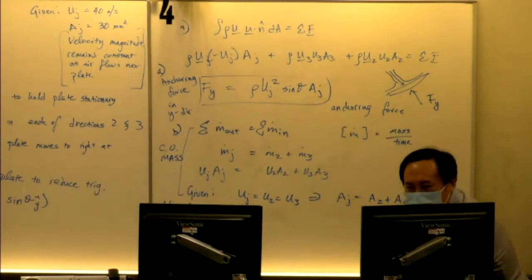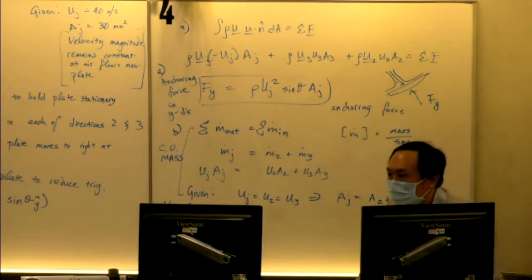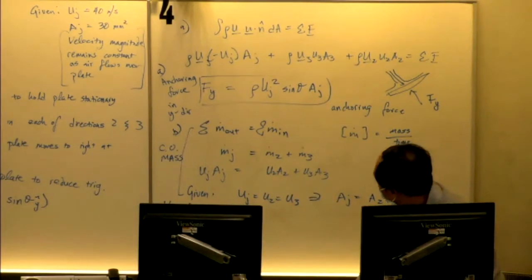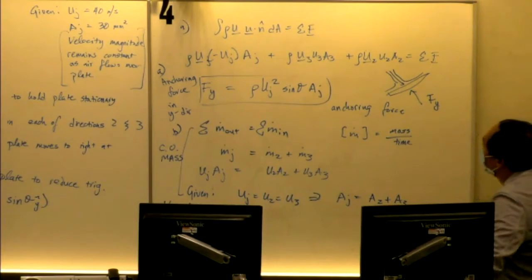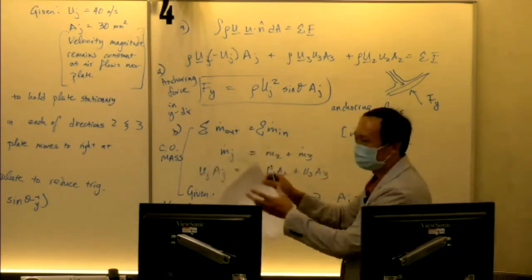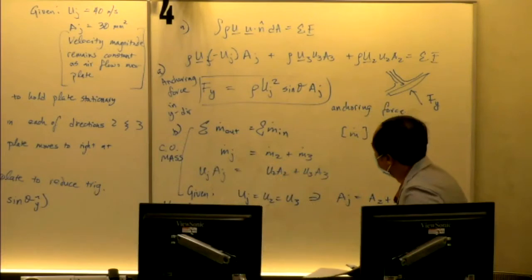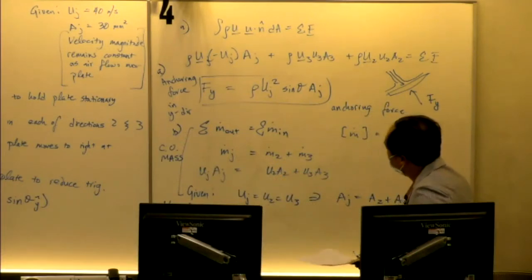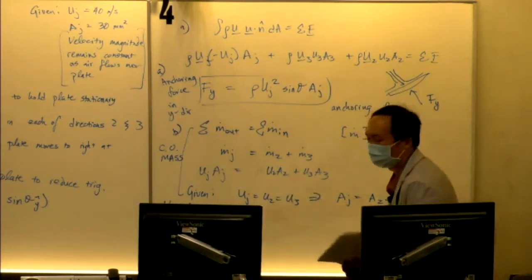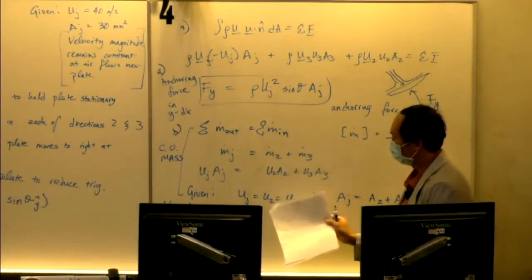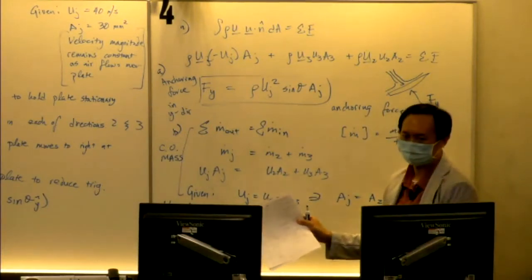Does anyone know what conditions would lead to velocity magnitude remaining constant? An infinitesimally small area of the plate. A small area. Oh, you mean small Aj or just a small plate? A small plate. Yeah, I think that would help. We haven't covered this yet, but when we do the energy equation, the velocities can actually decrease because of viscous effects.